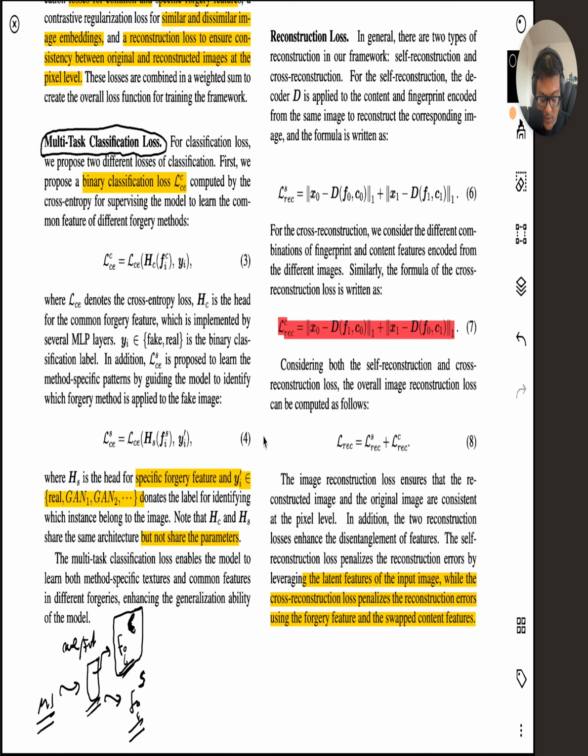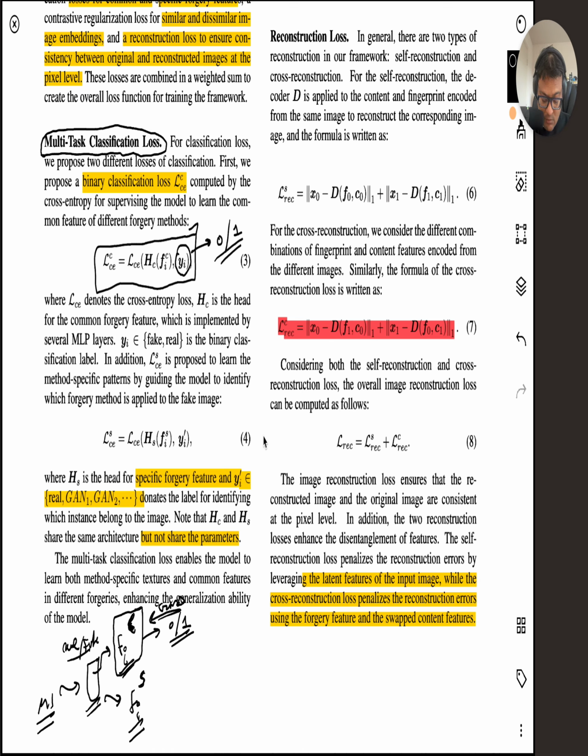So you can get a label 0 or 1, and supervise this with a standard cross entropy loss. That is what the original equation is saying: yi is a label which says whether the given image is real or fake, and you can easily supervise this branch of the network using that cross entropy loss.